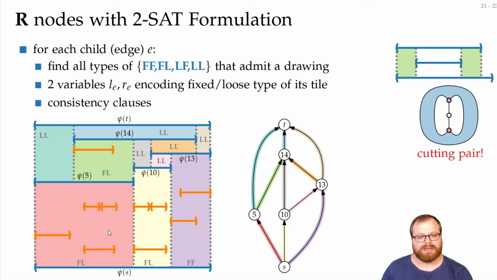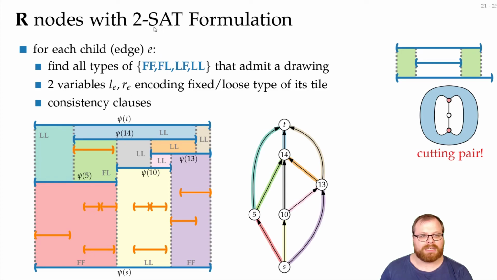That's not possible. One of these two has to be loose. So from that we get another clause. Either this is loose or this is loose. And all these types of consistencies can be formulated with clauses that only have two literals.